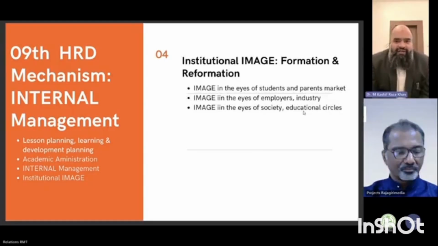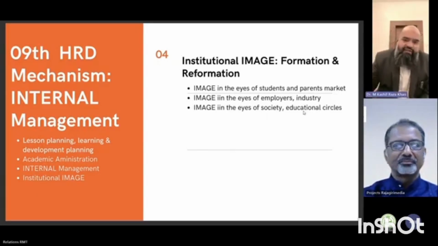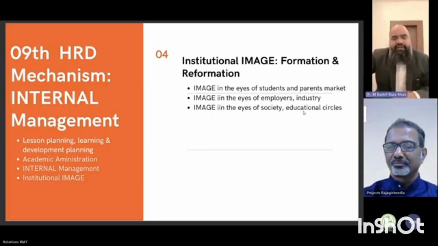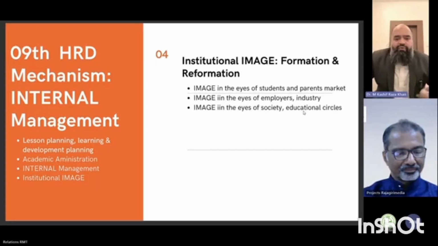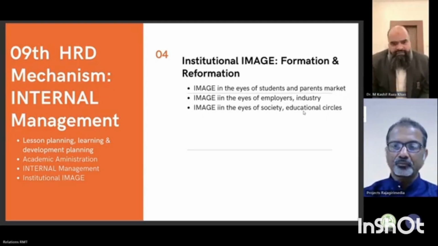Now, this is the last HRD mechanism, which has some role on the outcome personality of a student. In this, I have mentioned institutional image. Institutional image is the image that people think about the institution. We may need to form the image of our institution, or we may need to reform it. First, in the eyes of students and parents market.